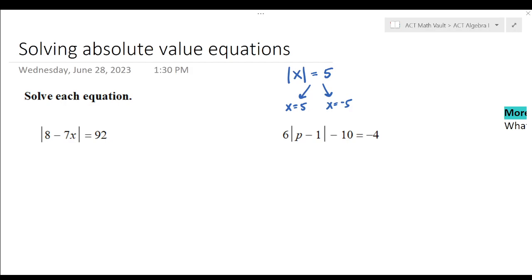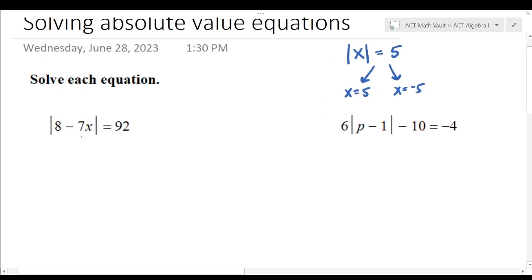So what we have to remember is that absolute value will always equal a positive number. So meaning like this absolute value of something equals 92. What we have to figure out is what's the x equal to. So we will always have two cases.